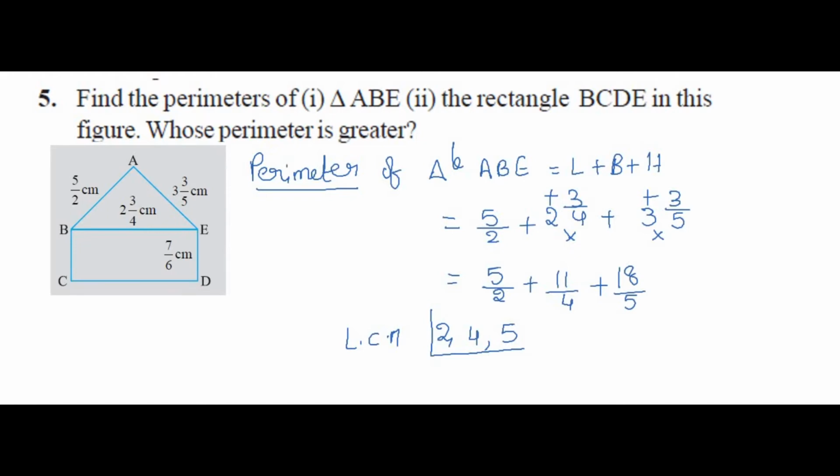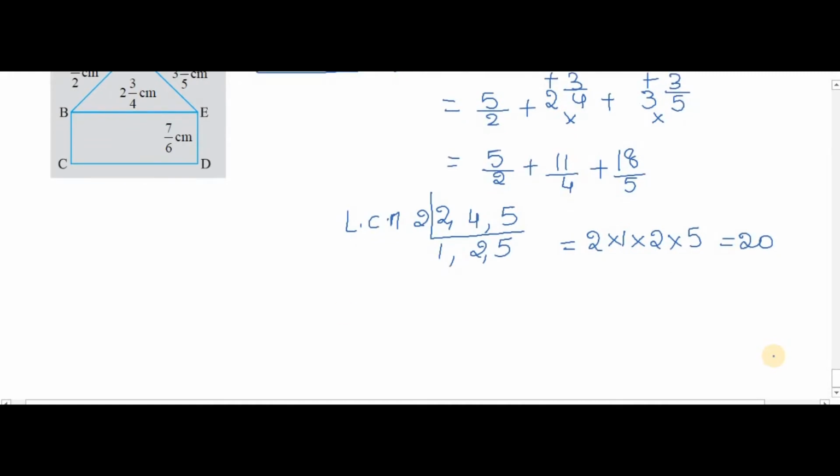So 2 and 4 will go in the prime number 2 table. 2 ones are 2, 2 twos are 4, and 5 will come as it is. Now we all know that 1, 2, 5 are prime numbers, so we can stop. 2 into 1 into 2 into 5: 2 twos are 4, 4 fives are 20, and 20 times 1 is 20. So in this way we got our LCM as 20.